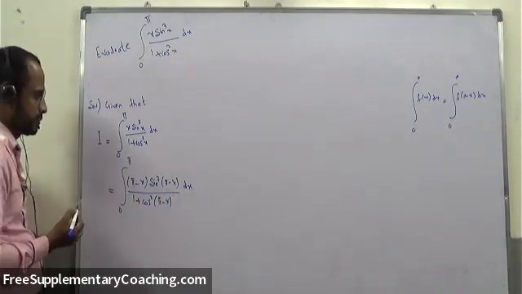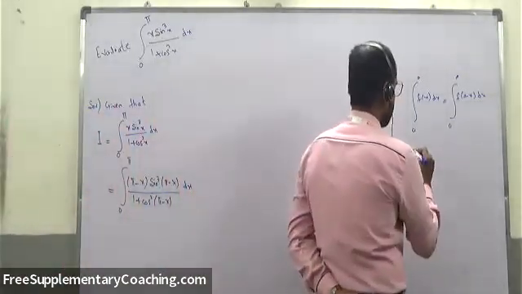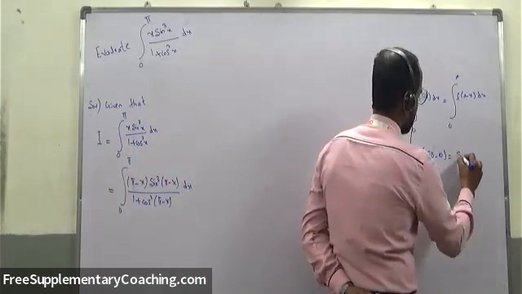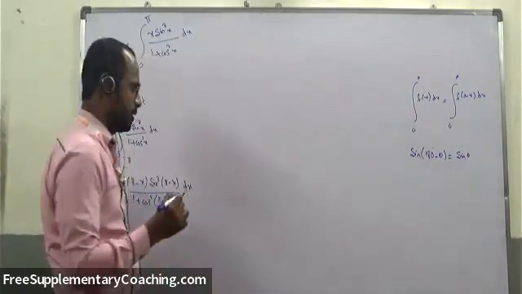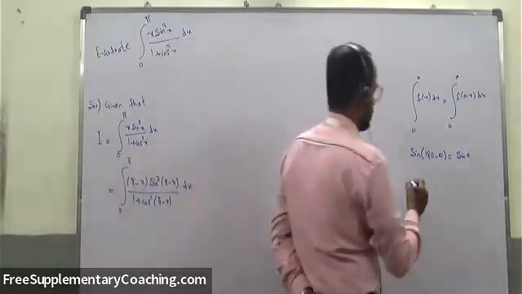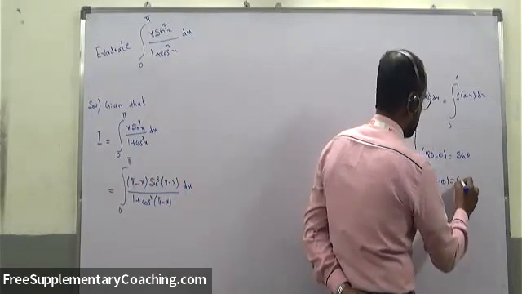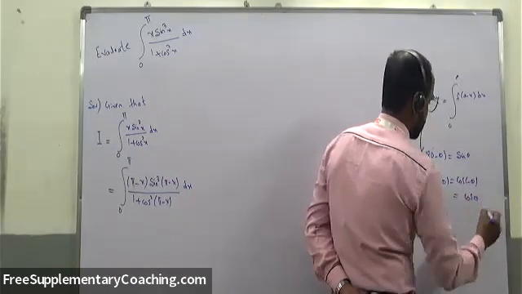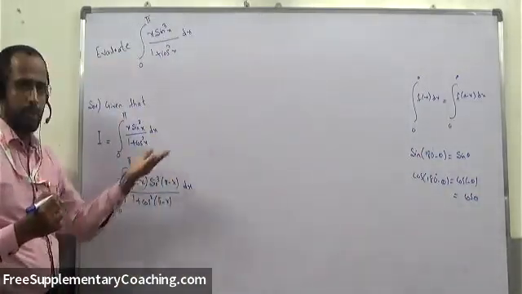Now look at sine 180 minus theta. What is sine 180 minus theta? Sine of 180 degree minus theta is equal to sine theta. And cos of 180 degree minus theta is equal to minus cos theta, so cos square remains cos square, since cos of minus theta is cos theta. Here I have to apply the basic trigonometric conversions.